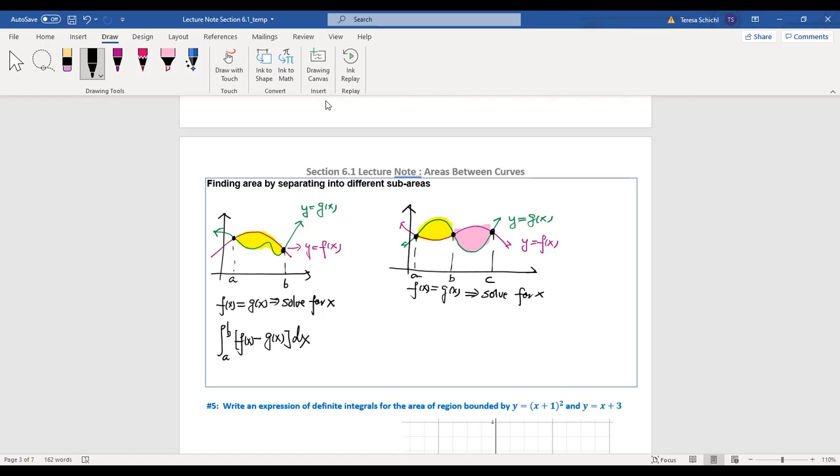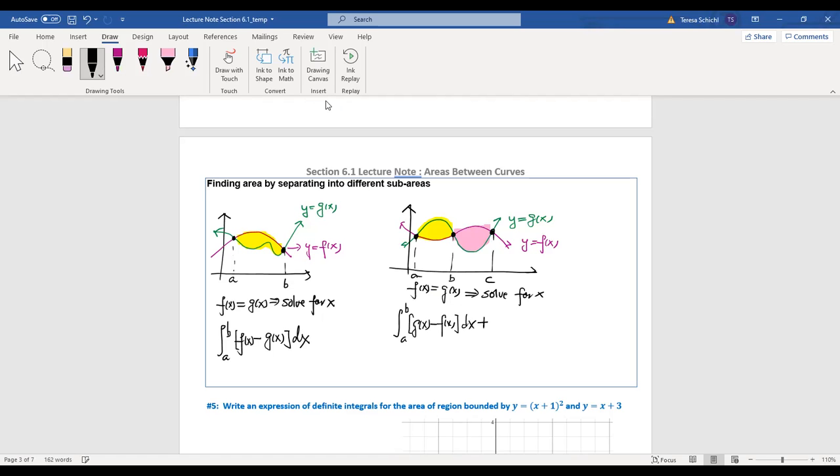For the yellow area, it goes from A to B. Which one is on top? It's the green one, which is g of x. So you need to say it's g of x minus f of x, dx.